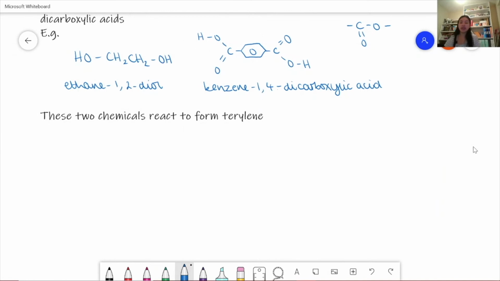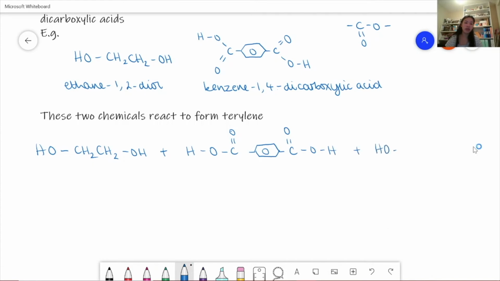So what I'm going to do first is write them both out again. So we have HO, CH2, CH2OH added with HO and then C double bond O, which is attached to benzene, and then OH, then added with another one of these HO, CH2, CH2OH, plus dot dot dot.